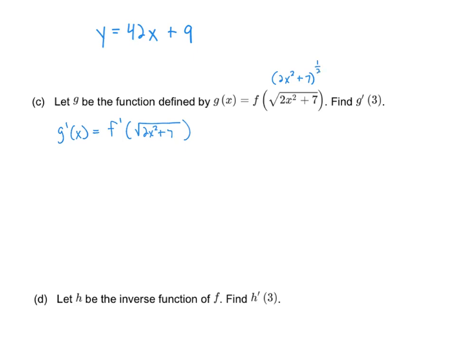When we do the chain rule, we'll get a 4x times a half, so that'll really be a 2x, and then this whole thing to the negative 1/2.